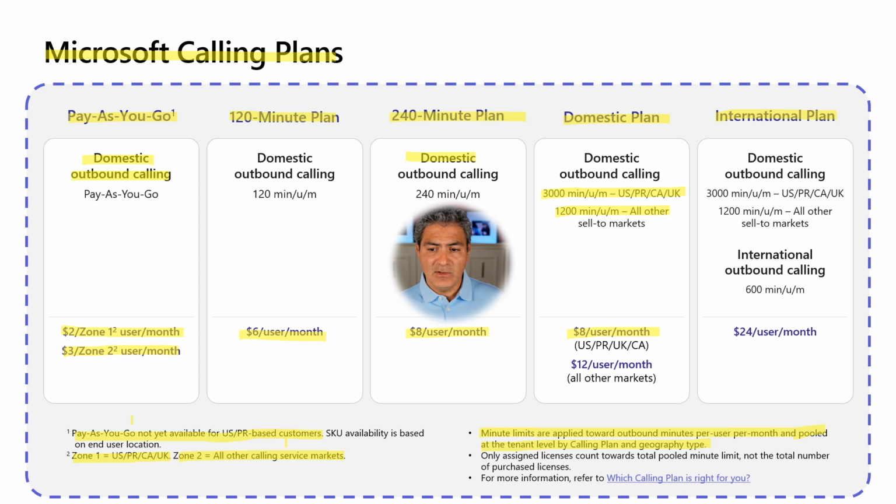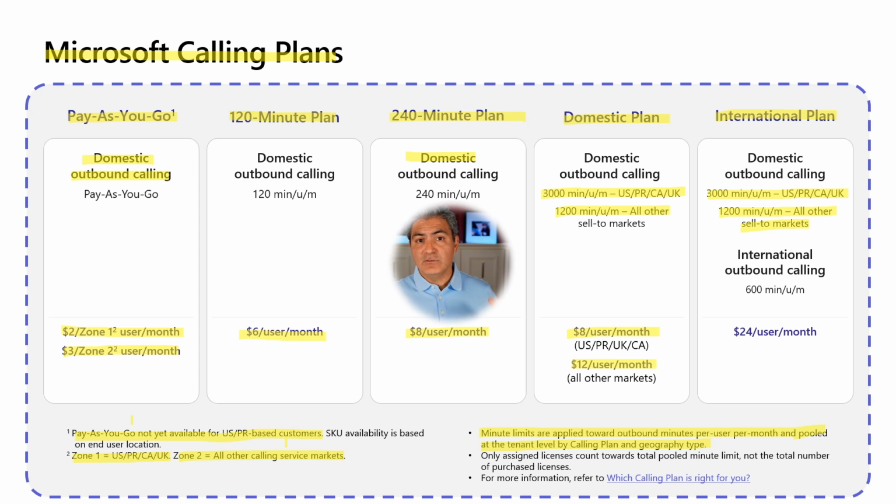And instead of $8, those other markets have to pay a little bit more per month. So that's the domestic plan. And then the international plan is essentially 3,000 minutes per user per month, kind of like the domestic one in the 4 countries.